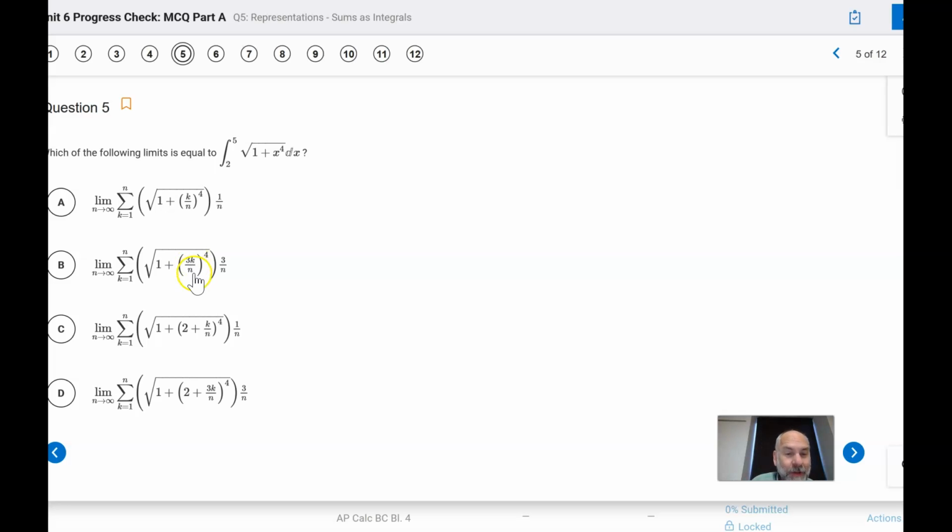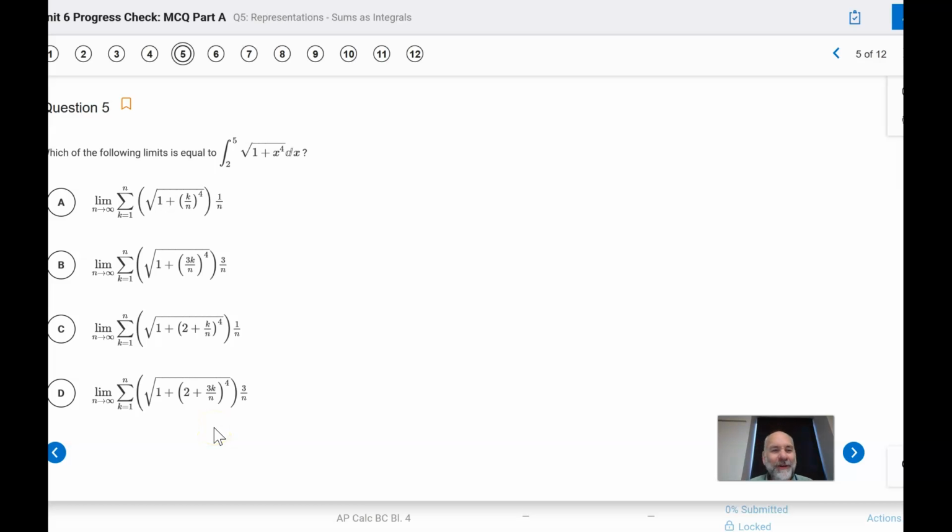That's totally fine. They have 2 plus 3k over n, but in my notation, it's i times 3 over n. I just think it's clearer that way. And that's plugged into the function.